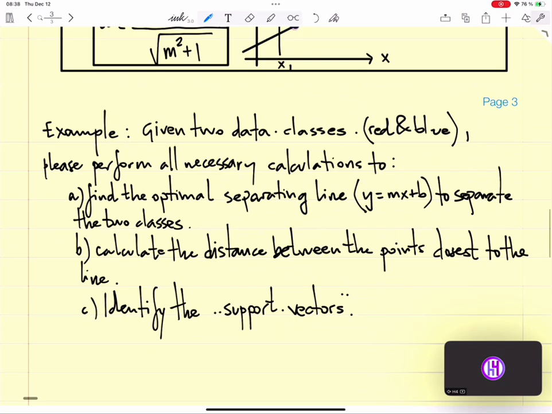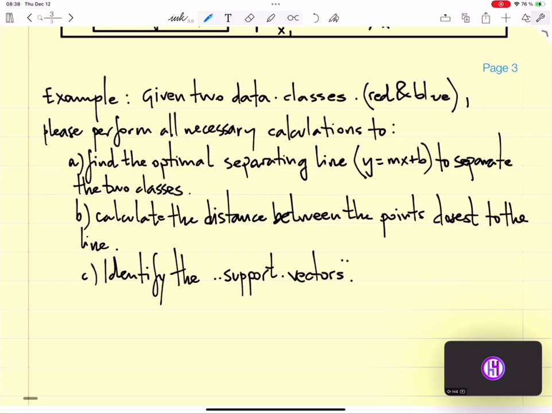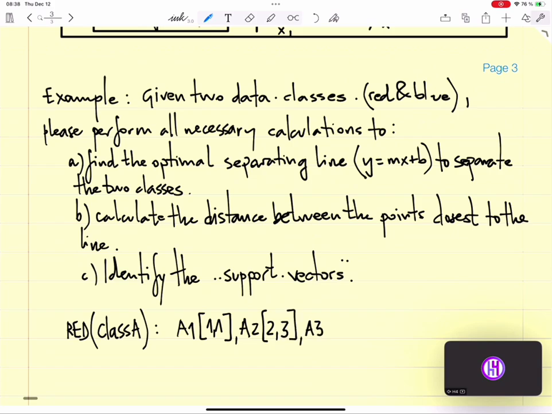Okay, so this is an algorithm. So the first step is to get the data. We have red data, which is class A. We have our points A1, 1, 1, A2, 2, 3, A3, 3, 2.